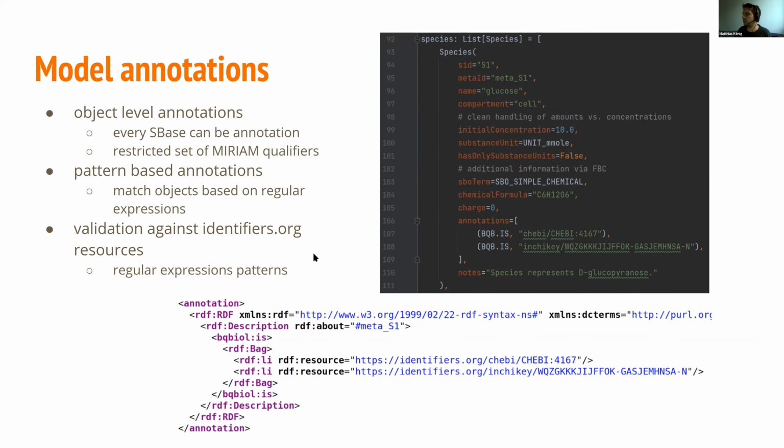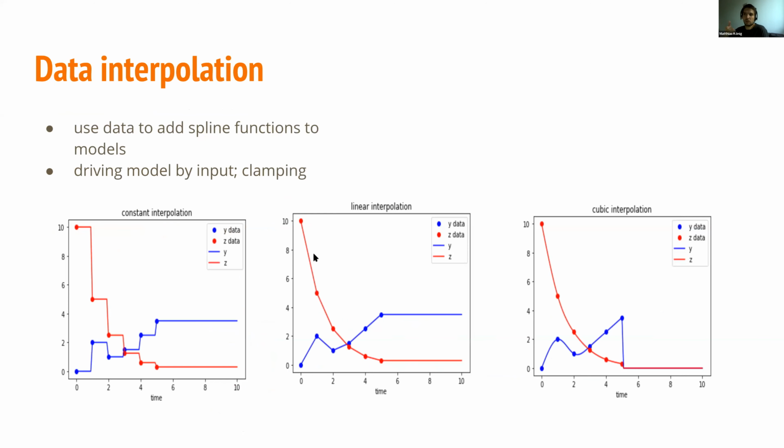There are additional features which I often use. One is data interpolation. You can use data to create splines and add them to the models. This is often something you want to do if you want to drive your models via experimental data. So you have a model with a constant boundary, and suddenly you get data for this constant boundary, and then you want to create a new model variant.